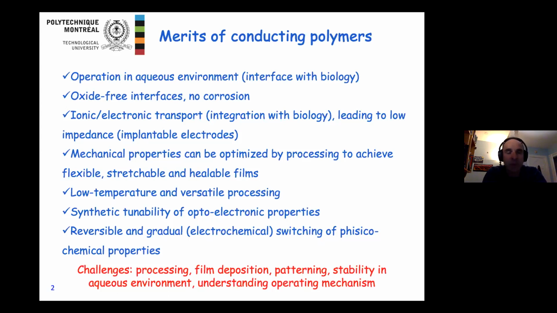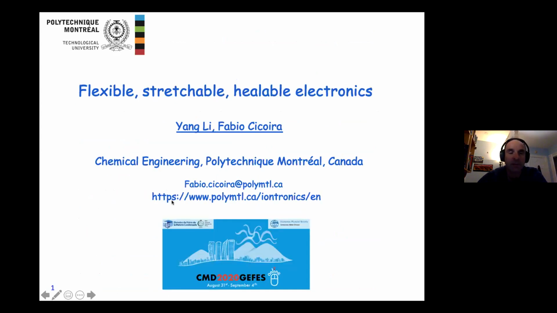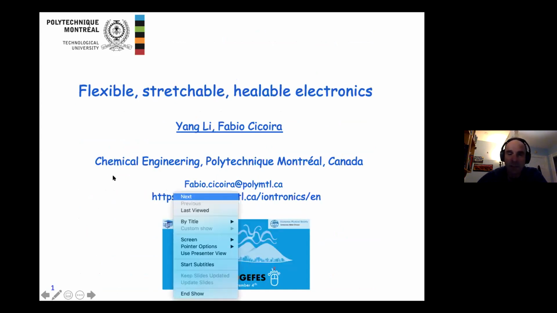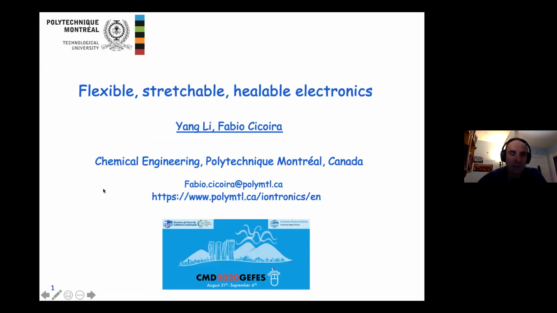It's not an on-off transformation. Of course there is still a lot of work to do in this material, and most of it is about the processing and understanding of fundamental properties.